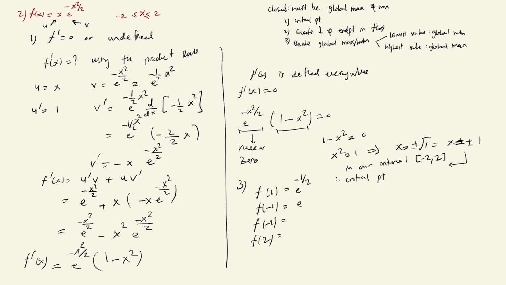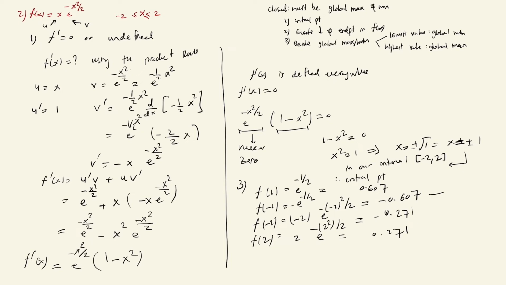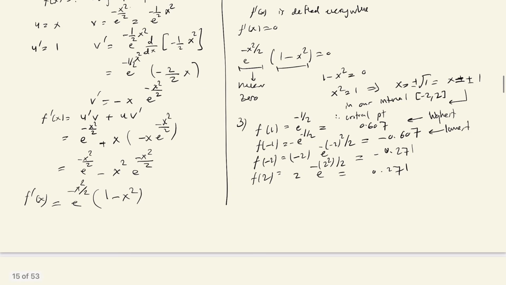The highest value is going to be a global maximum and the lowest value is going to be a global minimum. Now these are the resulting numbers. So we notice here the lowest is negative 0.7607 and the highest is 0.607.